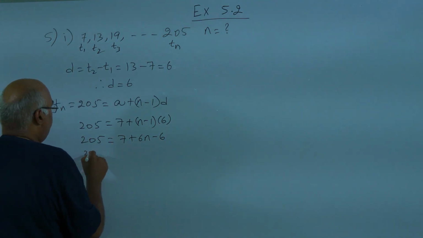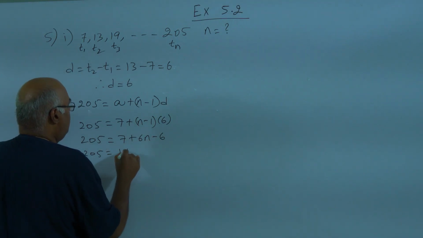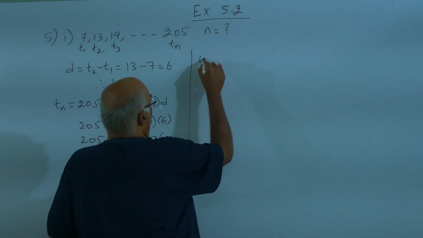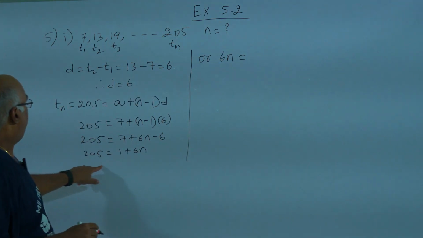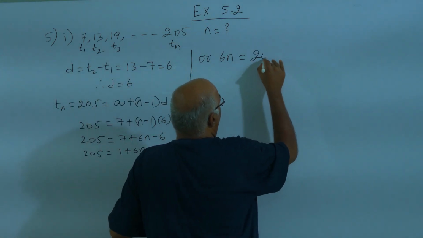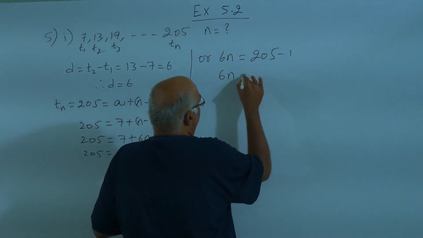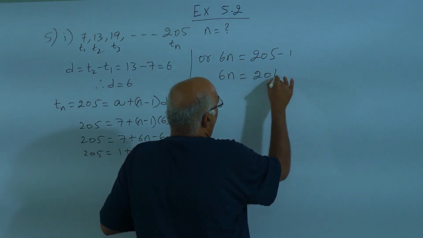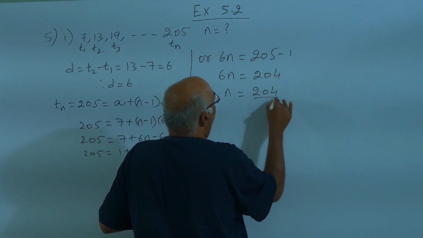So 205 is equal to 1 plus 6n, or 6n is equal to, if you take this 1 to the other side, it will become minus. 6n is equal to 205 minus 1, or 6n is equal to 204, or n is equal to 204 by 6.